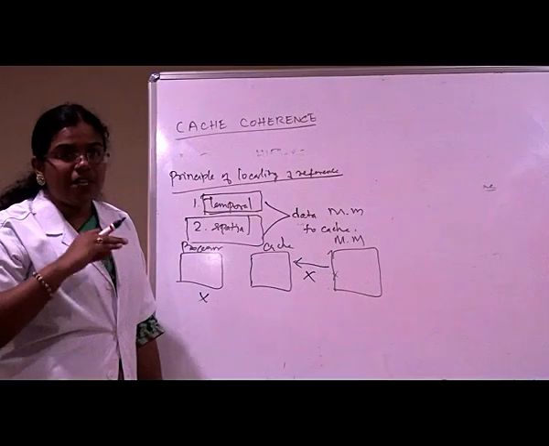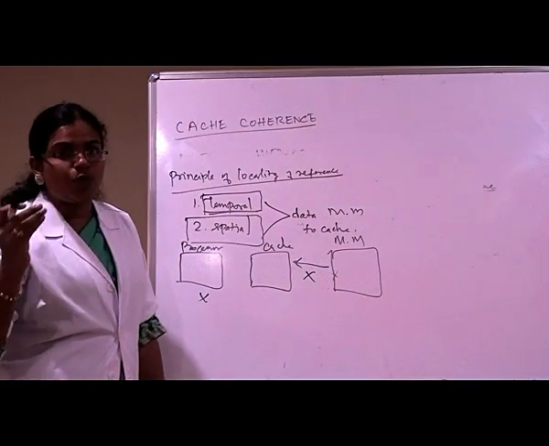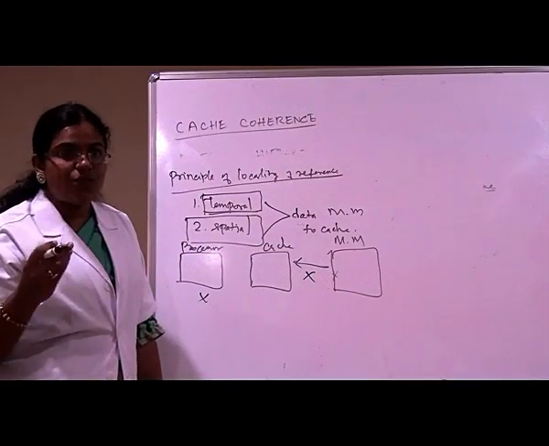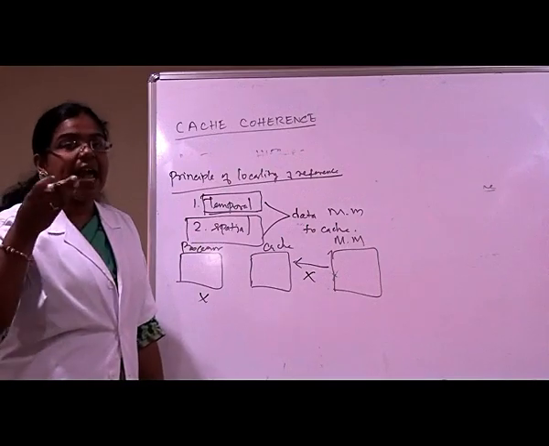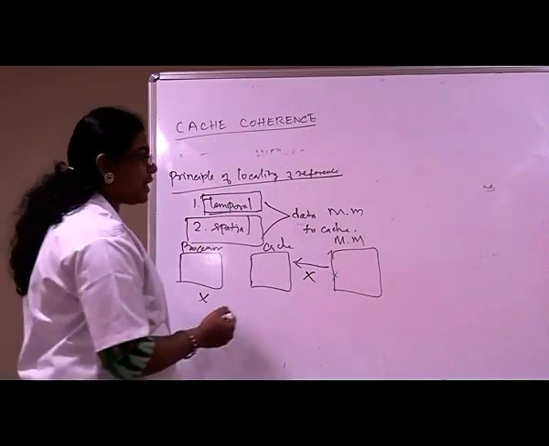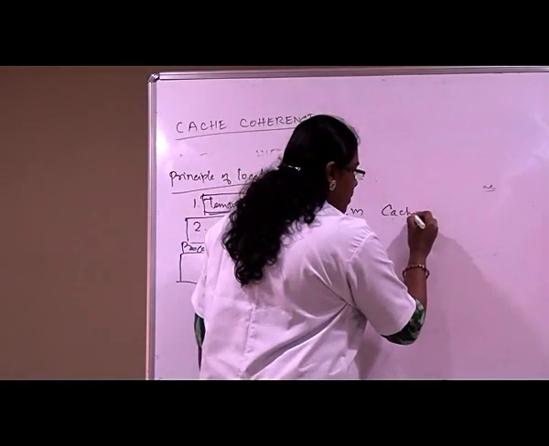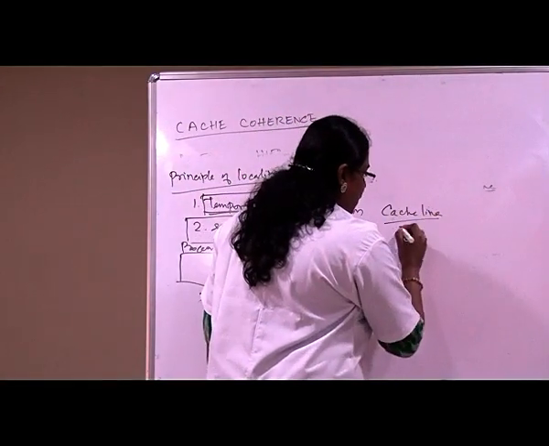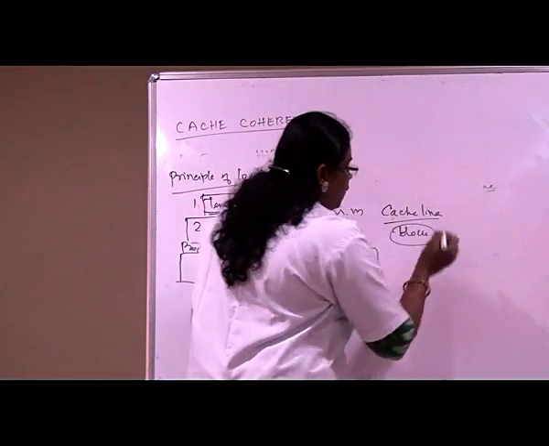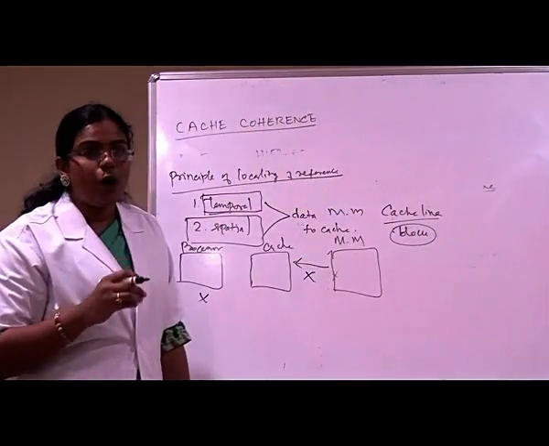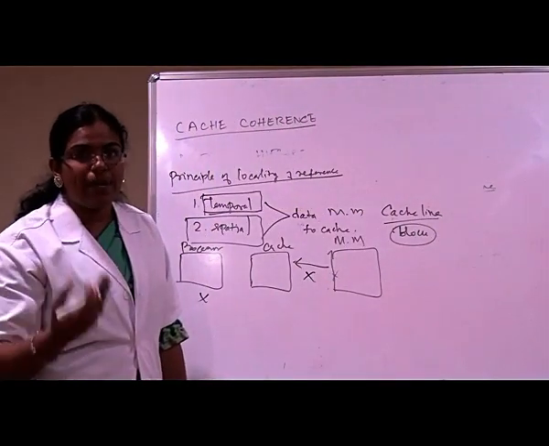But we will not always bring one particular data called X from the main memory. We will always transfer the cache line containing the X from the main memory. What is a cache line? A cache line is nothing but a block of data in the memory. Whenever you need some data, you will not bring that single data from the main memory to the cache.